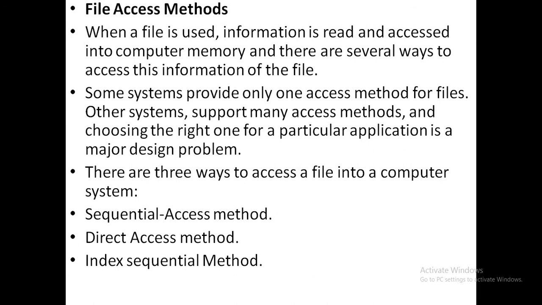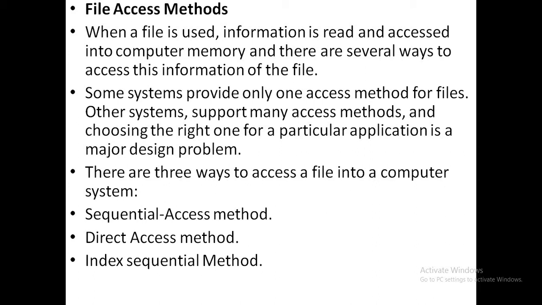So generally file access method is of three types. What we are going to discuss are sequential access method, direct access method, and indexed sequential access method. When a file is used, information is read and accessed into computer memory, and there are several ways to access this information of the file.